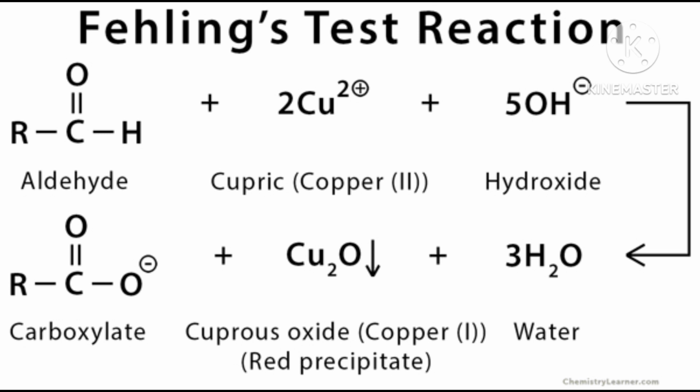The reaction occurs in alkaline medium. This reaction will take place in alkaline medium. What is the reaction? The reaction is also important. I am telling you. RCHO is the aldehyde. RCHO plus [Ag(NH3)2], which is a complex.